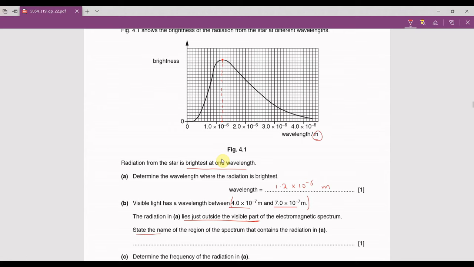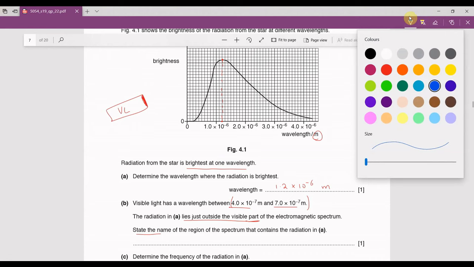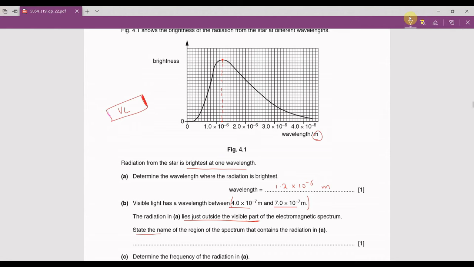So in this case we have visible light, and if you remember, around this visible light, one of the parts is red and one of the parts is completely blue, or you can say violet. So one part of the spectrum is violet and one part of the spectrum is red.